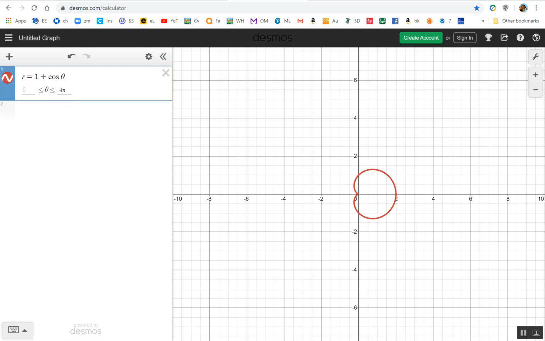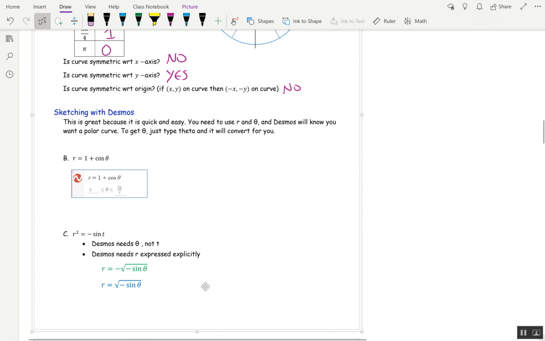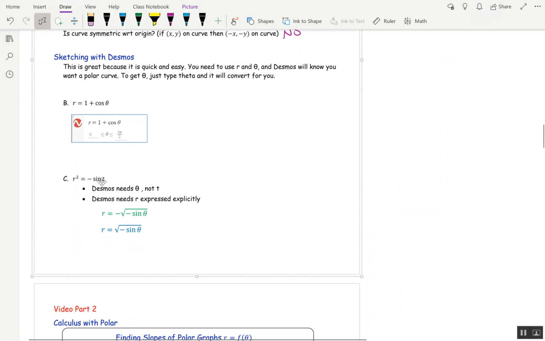Okay, the next one is r squared equals negative sine t. Now, Desmos doesn't know what a graph in r and t is, so you have to switch the variable to theta for Desmos to know that you want a polar curve. That's one thing. The second thing is you have to solve for r explicitly.